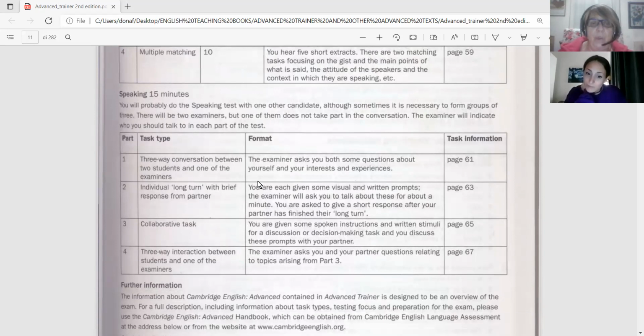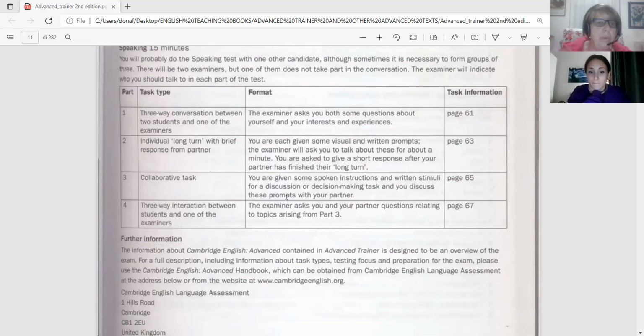The speaking is 50 minutes in all, theoretically divided into 4 parts. Actually, you just do it all together, of course.